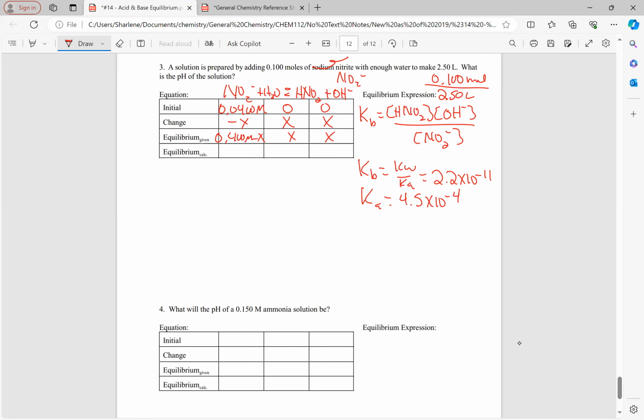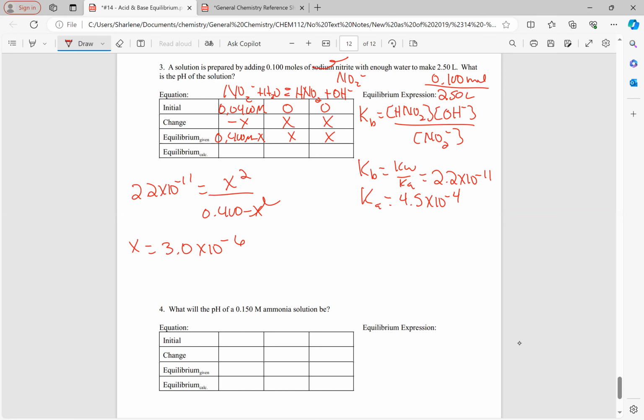Okay, let's plug it in. 2.2 times 10 to the minus 11th is equal to x squared over 0.0400 minus x. I'm going to get rid of the x. So 2.2 to the negative 11th times 0.04, square root it, is 3.0 times 10 to the minus 6th.